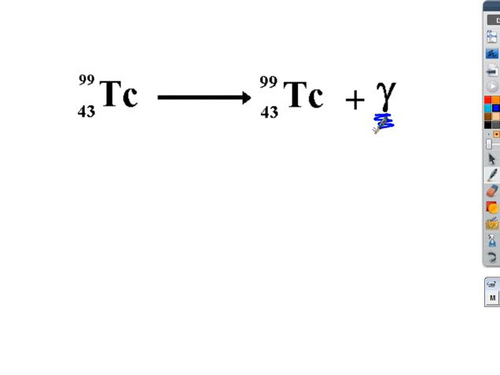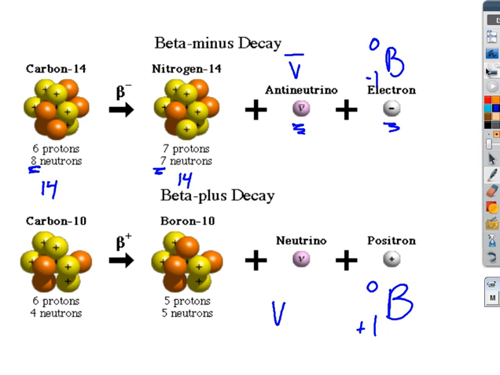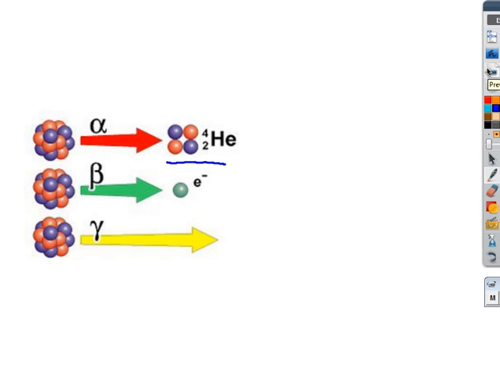So the three types that we've looked at in this video are alpha particles, where I can use conservation of nucleons to determine the daughter nucleus that's formed. There's beta negative and also beta positive decay. So two types. I can produce an electron or I can produce a positron.